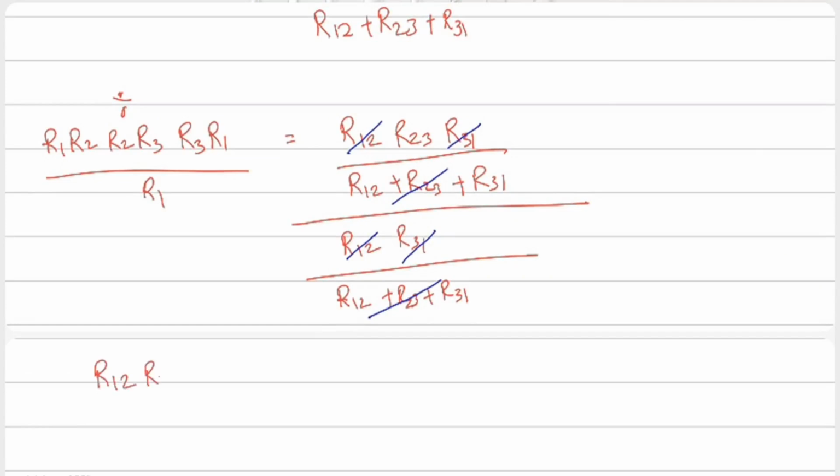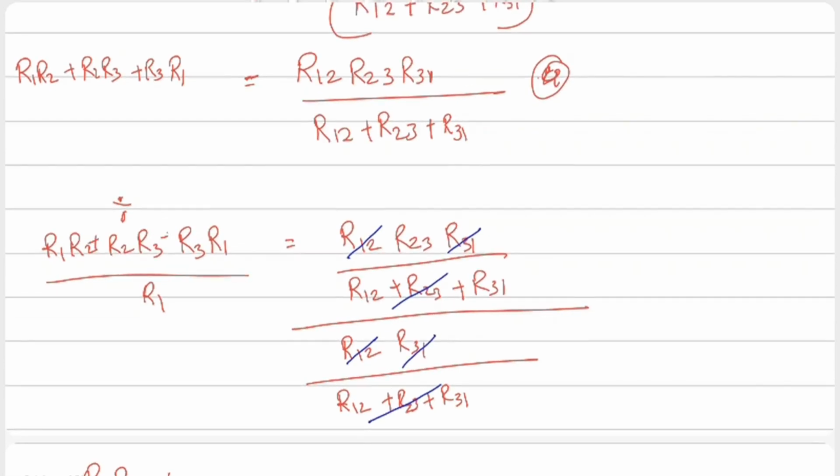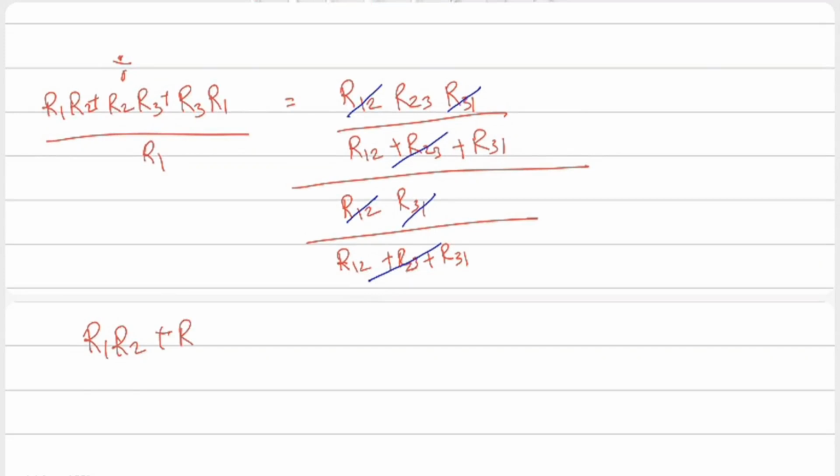So you are left with R1 R2 plus R2 R3 plus R3 R1 divided by R1 equals R23. Okay.